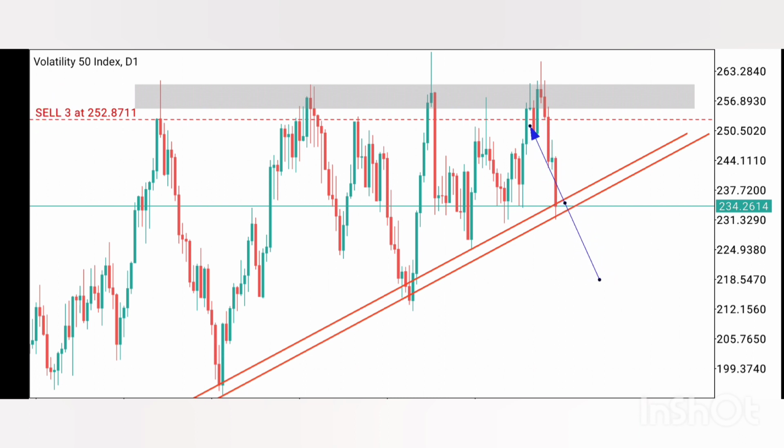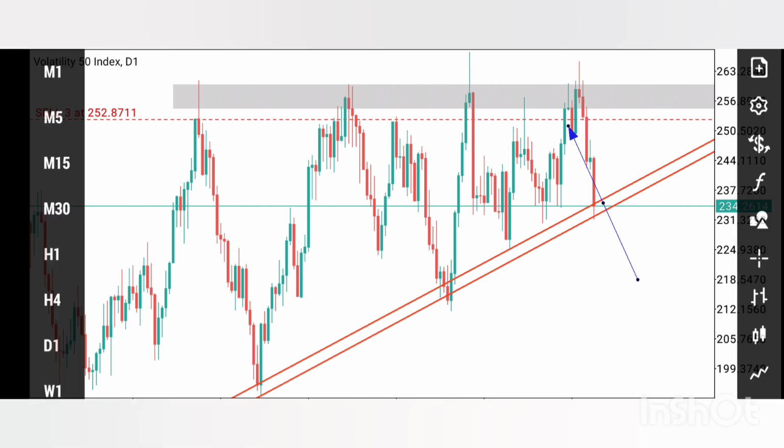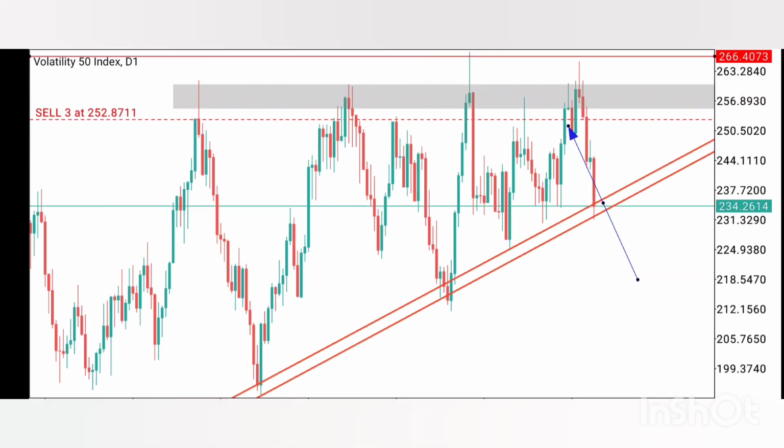Now why I did not place my SL is that if I were going to place my SL in this trade, then my SL would be somewhere around there. That is not even enough area to place my SL. I was not getting the level where I needed to place it.